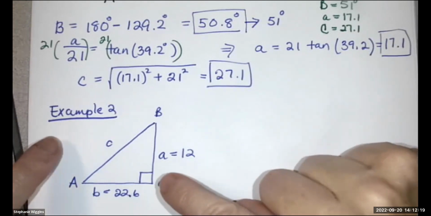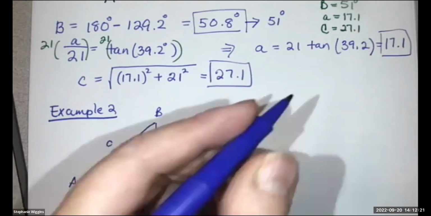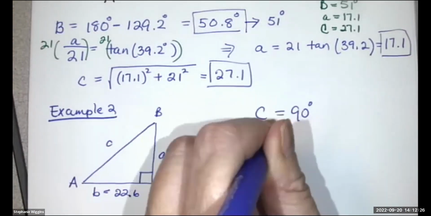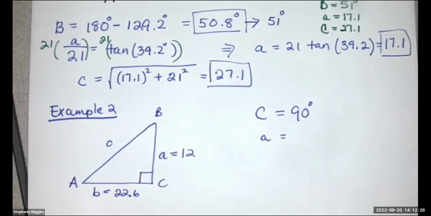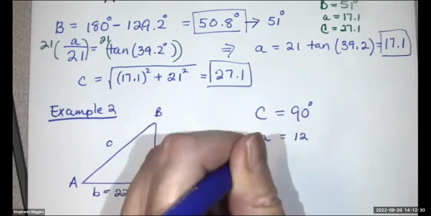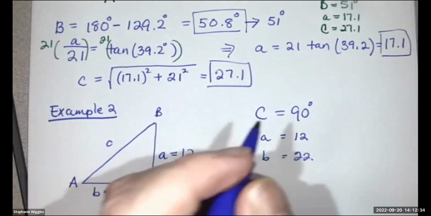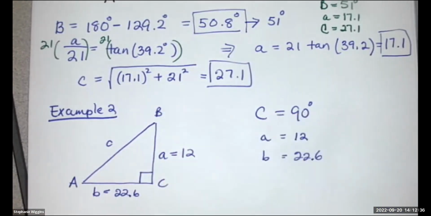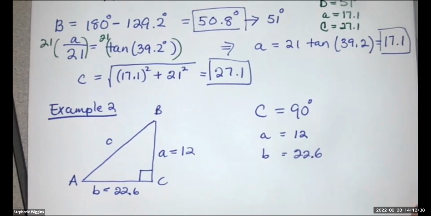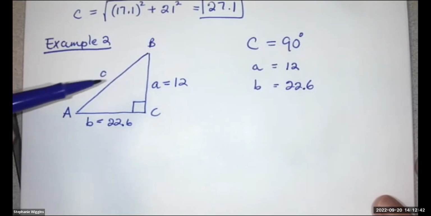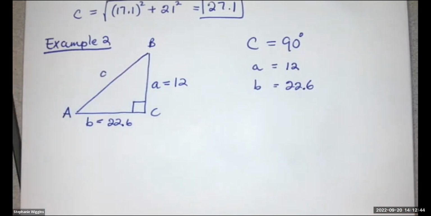In this case, I know that it's a right triangle, so I know my C equals 90 degrees. And then I know the two legs, two sides of the triangle that are the legs. I know those. And I want to find the hypotenuse, and I also want to find angle A and angle B. Okay.